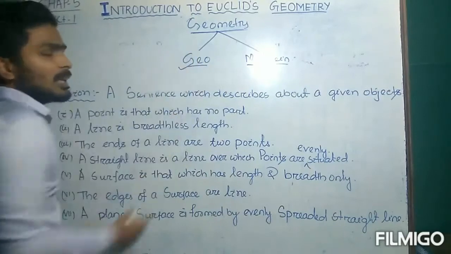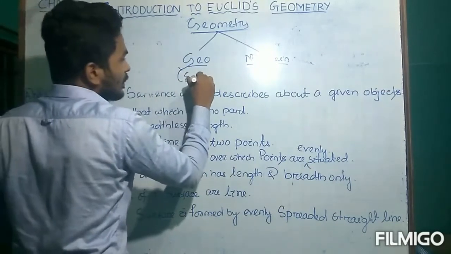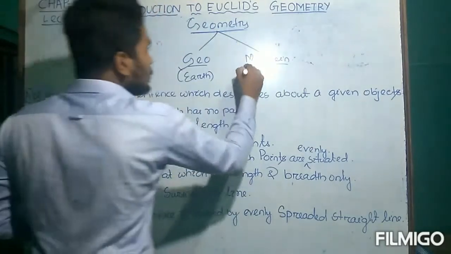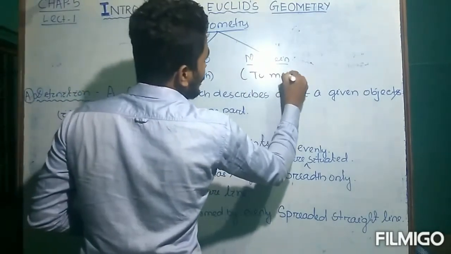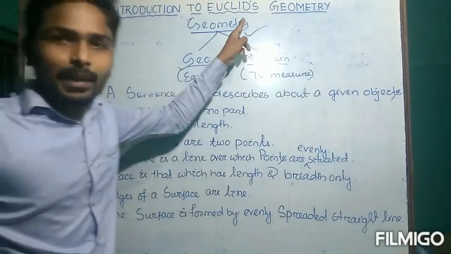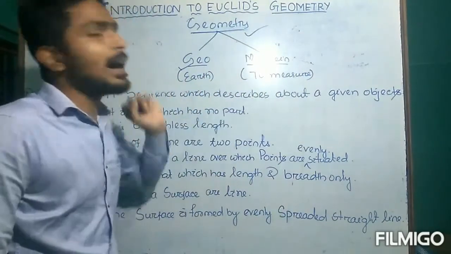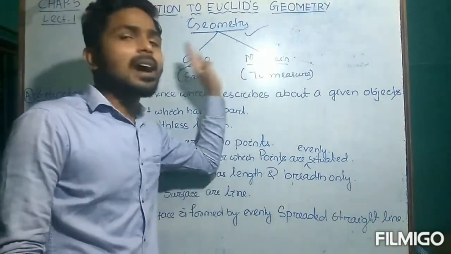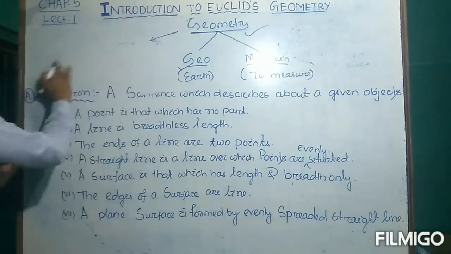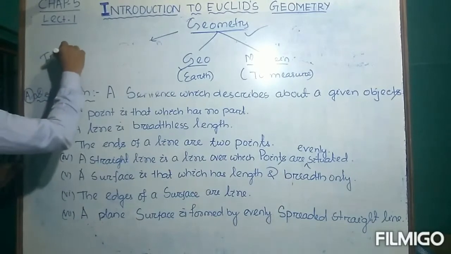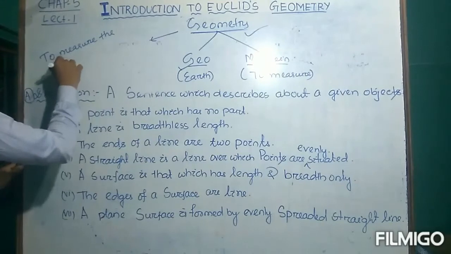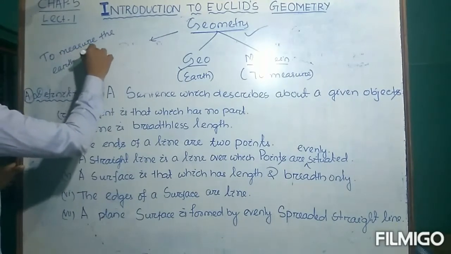The meaning of geo is earth. Similarly, the literal meaning of metri is to measure. So what is the meaning of geometry? The overall meaning of geometry is to measure the earth, or to measure the earth surface.